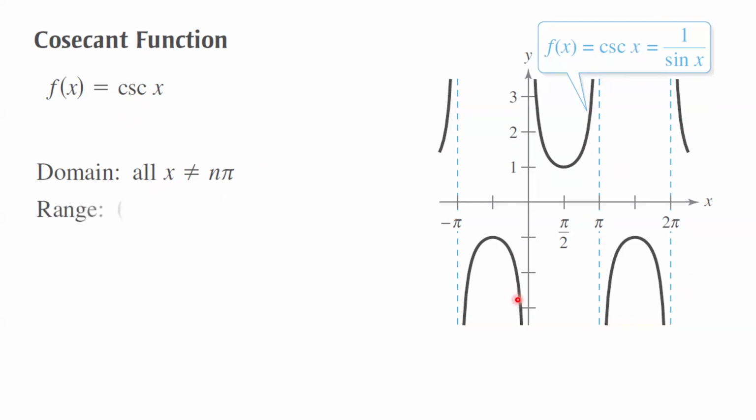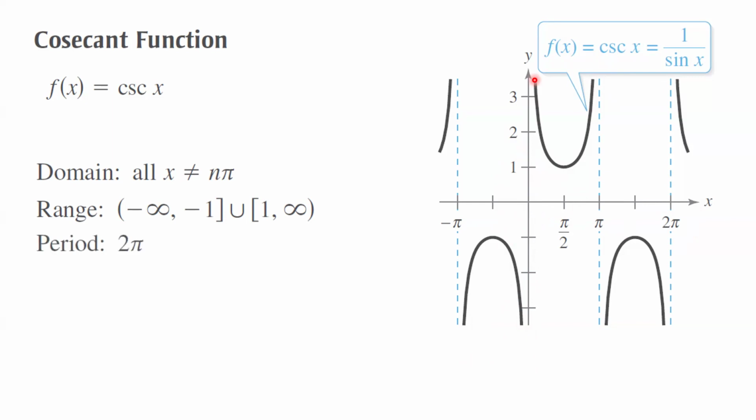What's the range? If you take a look at the graph, the range is negative infinity to negative 1, union 1 to positive infinity. As you can see, there are gaps between negative 1 and 1. So negative infinity to negative 1, we skip this part, then 1 to positive infinity. What's the period of this function?